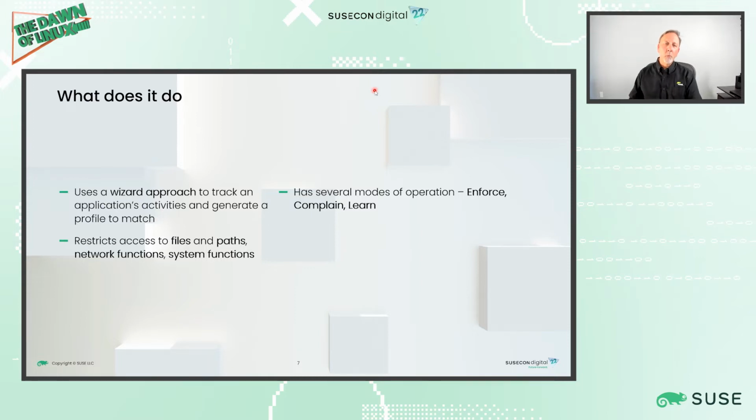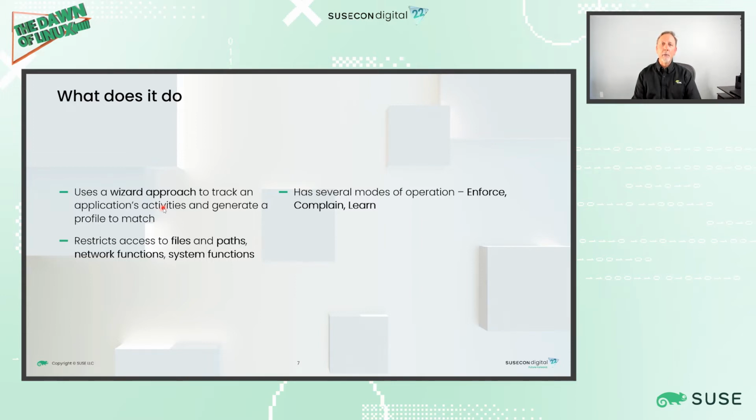So what does AppArmor really do? We know that it's a Linux security module, but how do we leverage AppArmor? First, AppArmor uses a wizard-based approach to track an application's activities and then generate a profile to match those activities. So AppArmor can learn about what an application does and store that in a profile. So it's application profile capabilities as code, if you will.